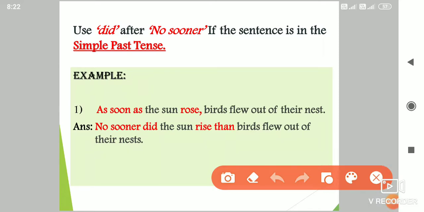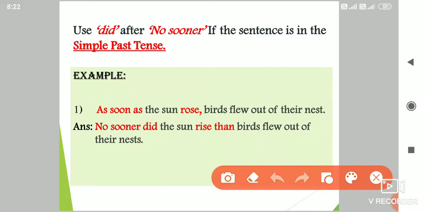Use did after no sooner if the sentence is in the simple past tense. For example, as soon as the sun rose, birds flew out of the nest. In this sentence we have to write no sooner did, because our verb is in past tense, rose, in the first action. No sooner did the sun rise, and necessary changes we have to make in the verb also, because we have already used did and made it past.